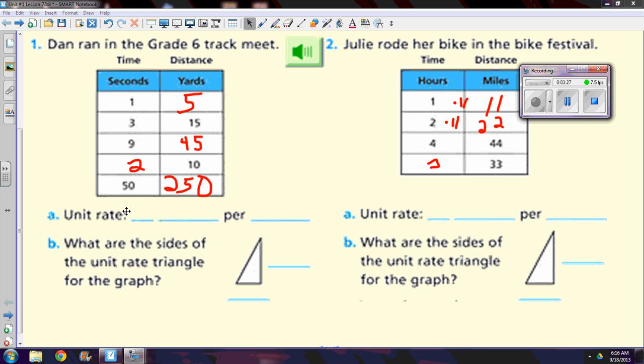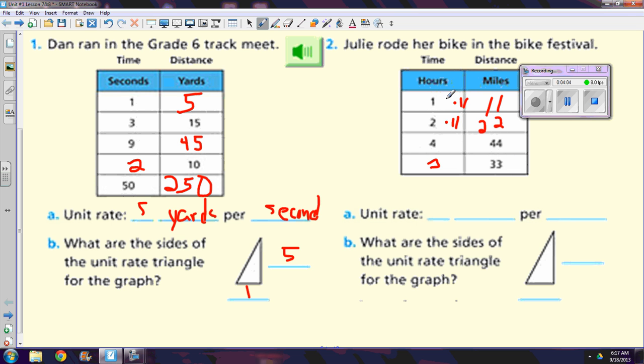So unit rate would be 5 yards per second. What are the sides of the unit rate triangle for the graph? Well, it's constant. It's 1 to 5. So 1 and 5.